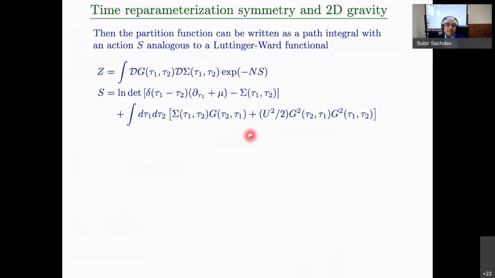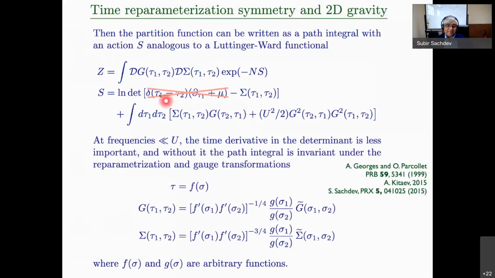Okay, so now you want to take this theory and understand something about the fluctuations about the saddle point that I just gave you some results about. One very important property of the saddle point is that this time derivative term, the bare kinetic term, is irrelevant. You can just throw it out.